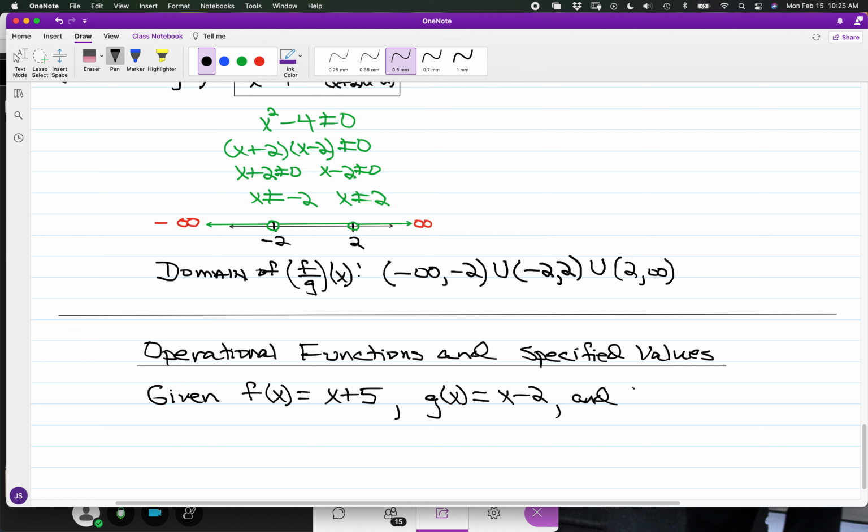And we'll say that we have h of x is equal to, let's say, x plus 10.